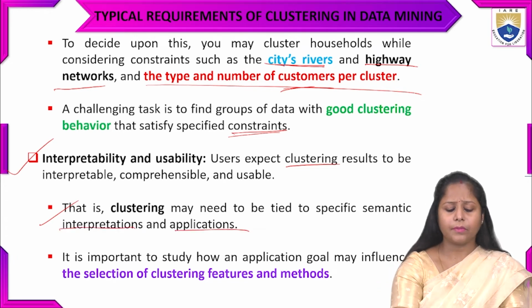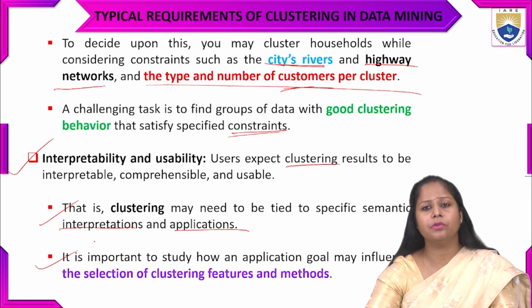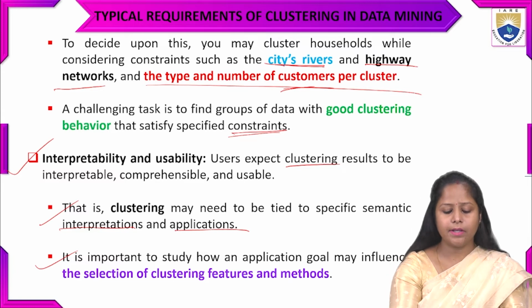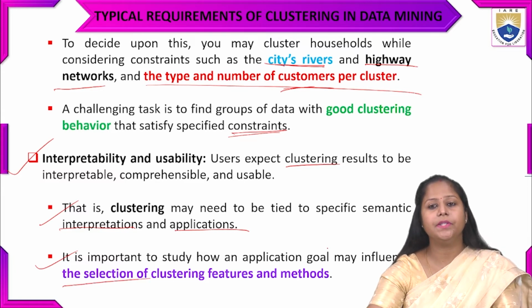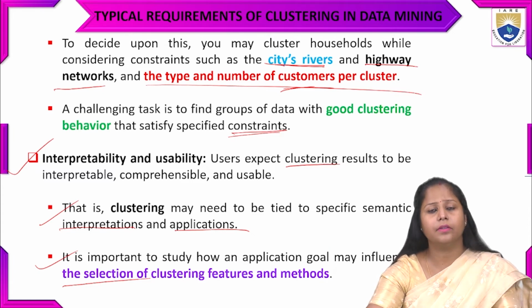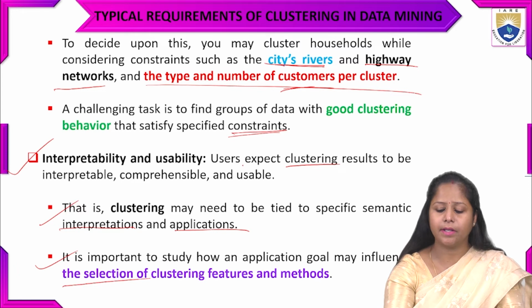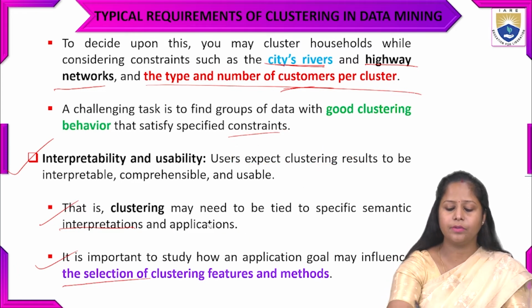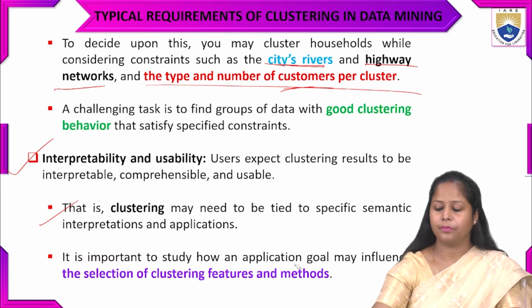So it is also important to study how an application's goal may influence the selection of clustering features and methods. There should be an interpretability and usability method, so that we can interpret, comprehend, and use the clustering result.